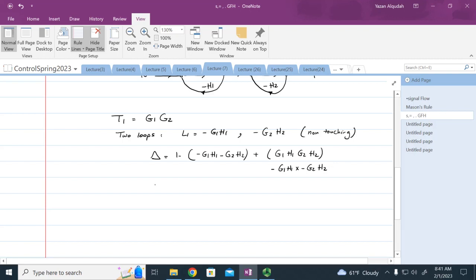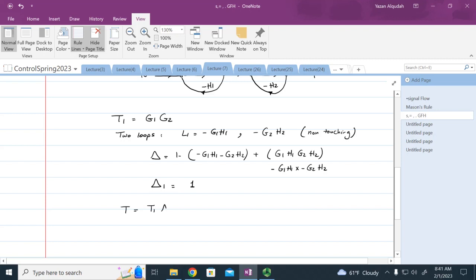And then we're going to take delta 1. If I remove the forward path, are there any loops left? No. So delta 1 is just going to equal 1. Together? And therefore, we can calculate the transfer function using Mason's rule.